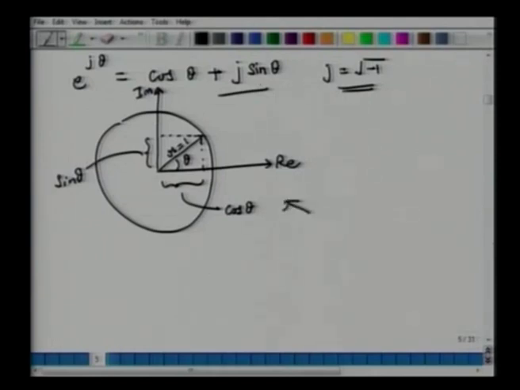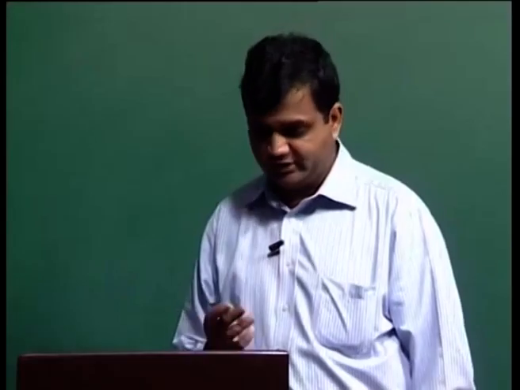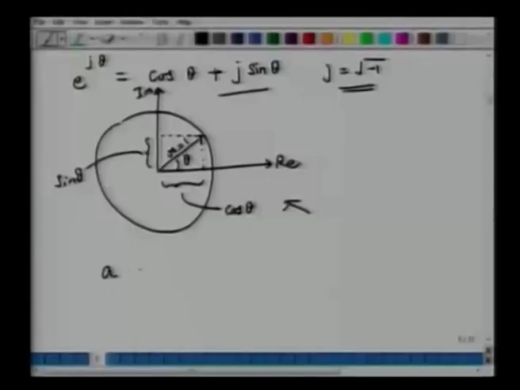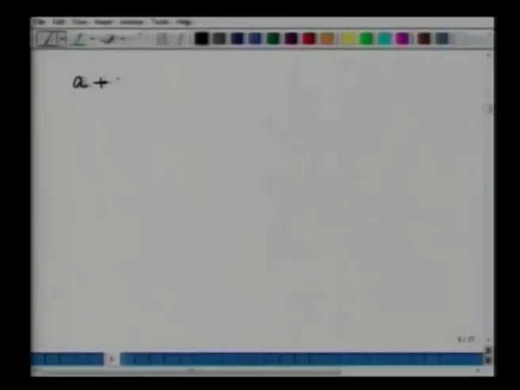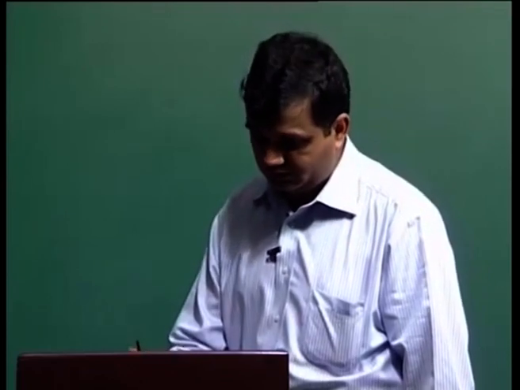Understanding this picture, we can then generalize that if I have any complex variable of the form a plus bj, I am able to represent it in such a form. How do we do that? Again, let's say there is a complex number a plus bj, and if I have to represent it graphically, then the length of the radius will be the magnitude of this variable.